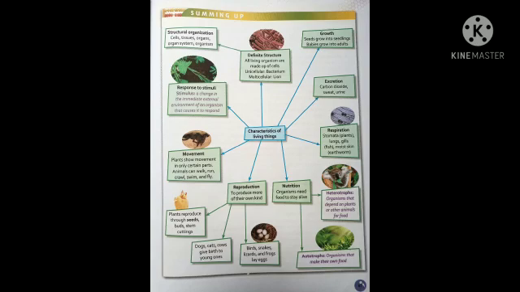Now, students, these cells, when summed up, form tissues, while same tissues summing up form organs, while organs summing up form organ systems, and all organ systems summed up form the organism.